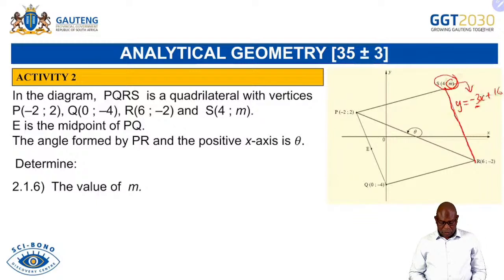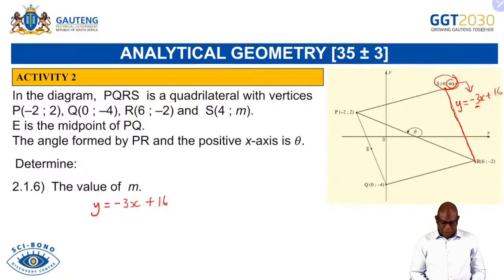So the equation of that line is y equals negative 3x plus 16. This point M is in the first quadrant, so the M will be positive. It can never be negative.